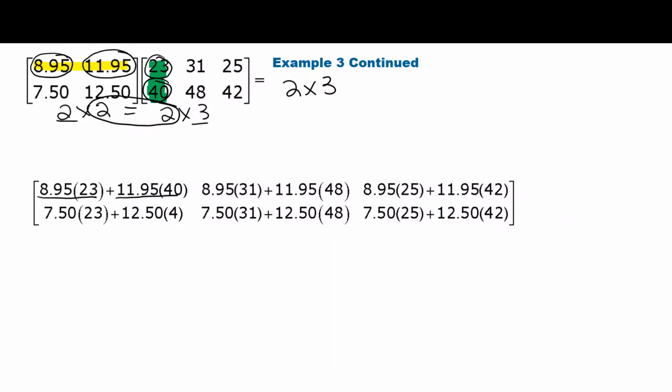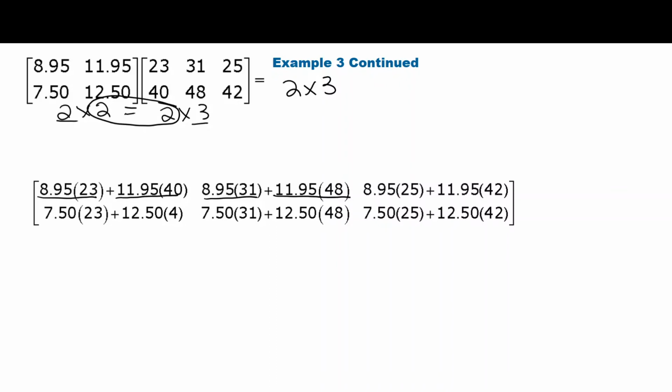All right, then after we've done that, again, the first matrix is going to be our rows. Our second matrix, we're going to deal with our columns. Then we're going to multiply 895 times 31 plus 1195 times 48. And there those are. All right.